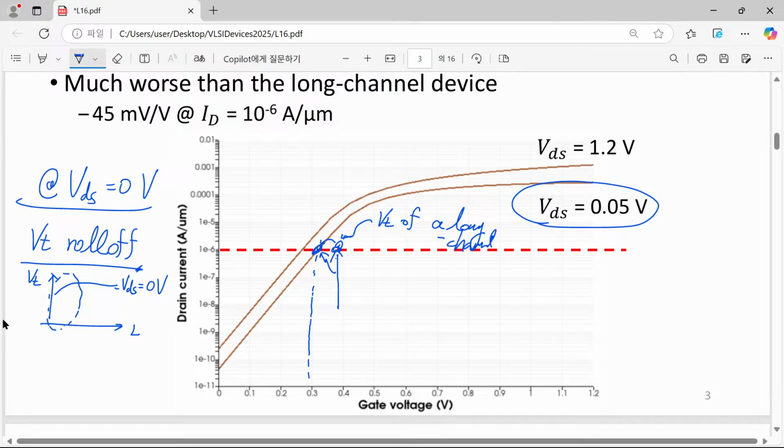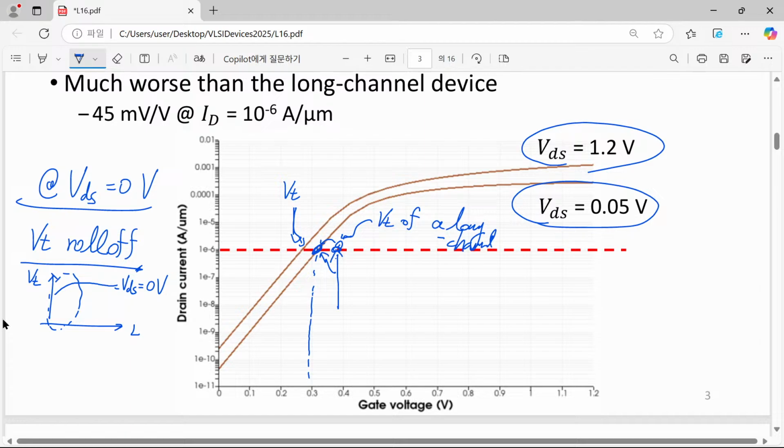Now the length is fixed, and the only difference is that even for a single device, we now apply an even higher drain voltage, and we find that, wow, threshold voltage is reduced even further. Maybe you can ask me this question.